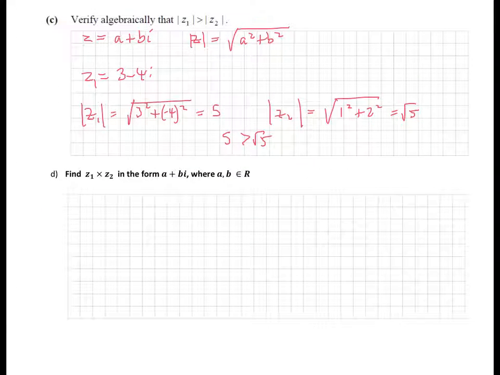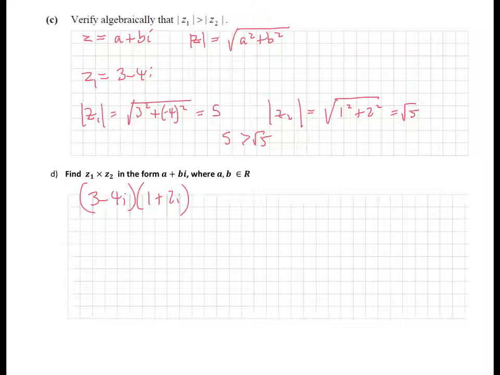And lastly, part D, it's basically asking us to do a multiplication. So we take Z1 and multiply it by Z2. This is just opening up the brackets, distributing each of the numbers in the first set of brackets over the second brackets.